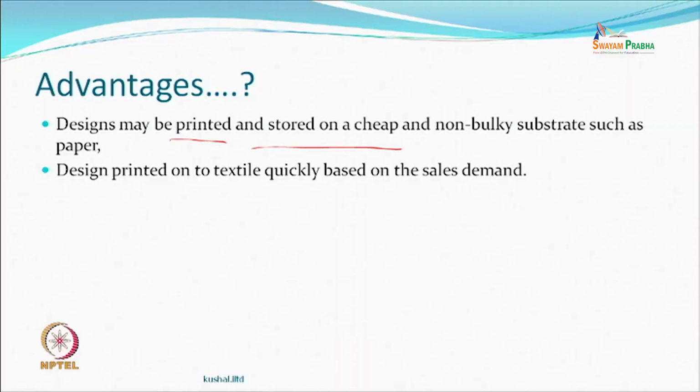Designs can then be printed onto textile based on the demand. If somebody says I want the same design as in 2018 or 17, I got it in the month of September, you bring out the same thing. So you actually have a printed design which has to be just transferred. If somebody says, you had given me this fabric which was, let's say, one up, one down woven, now I want the same thing on my knitted stuff, can you do that?